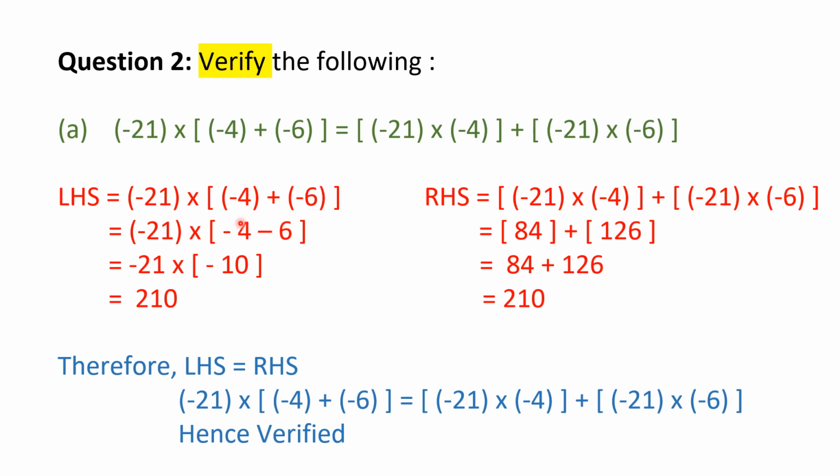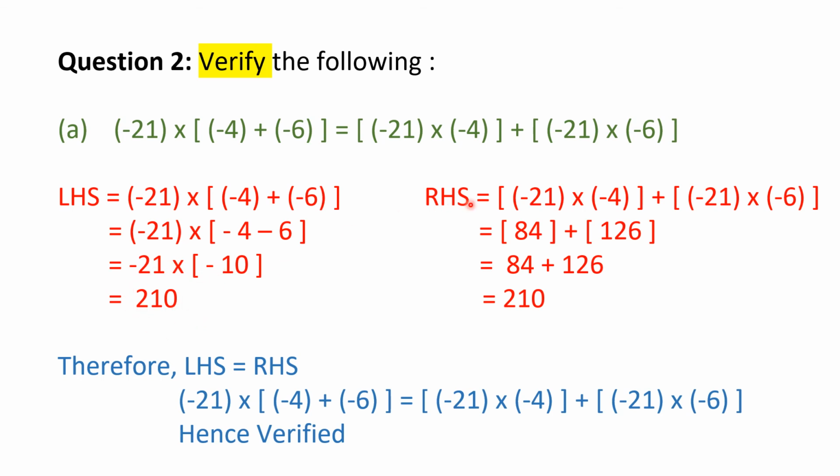So 6 plus 4, 10. So minus 10, right? Because of the greater number's sign. So plus minus minus, then minus minus plus, right? So plus 10, and minus 21 was already outside. So minus 21 into 10. 21 into 10 is 210. Minus minus is plus. So 210, right?